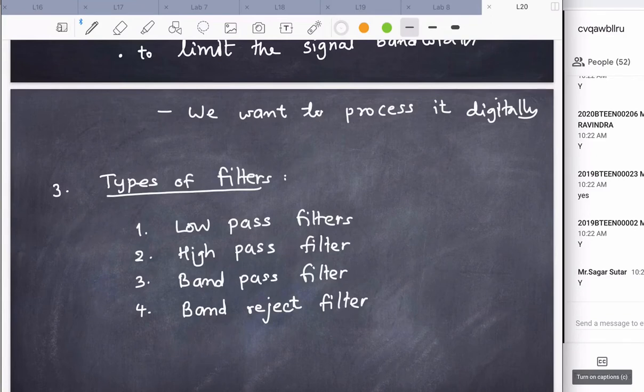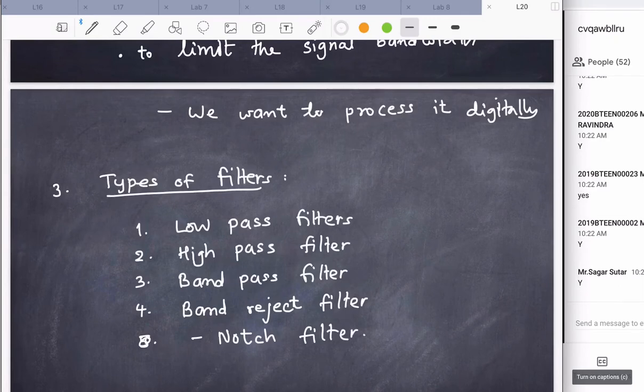There is also one fifth one which is a variety of band reject. I think I will write here itself, that is called as notch filter. I hope you are understanding this.